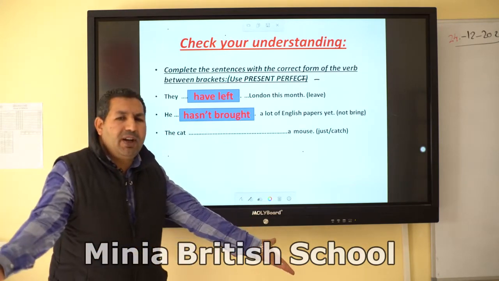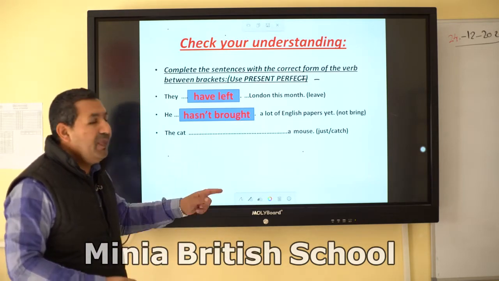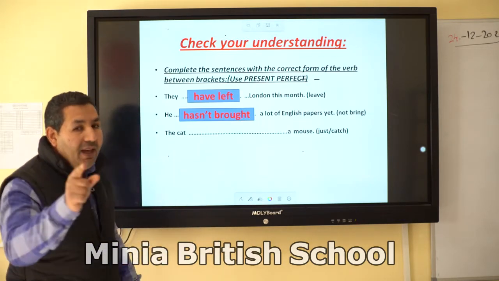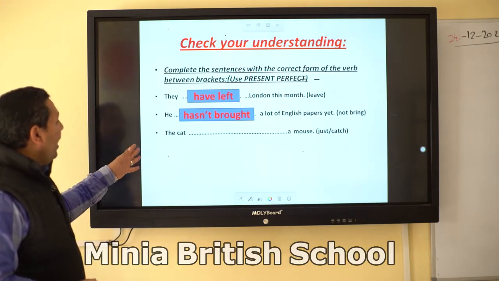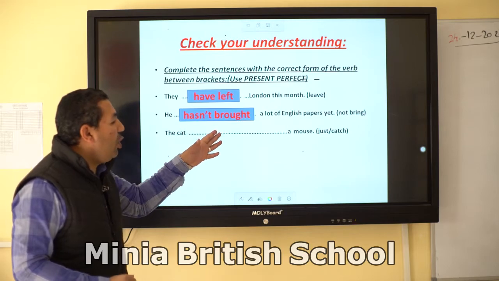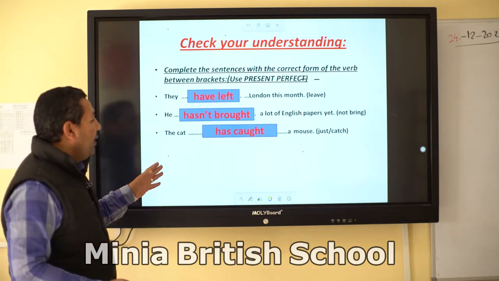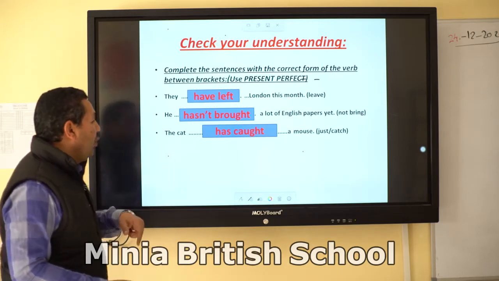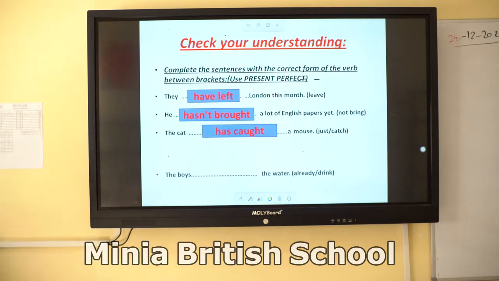But where do we put just? Yes, that's right. We put just between the auxiliary and the past participle. So it will be the cat has just caught a mouse. Sorry, I forgot to put just, but it's okay.